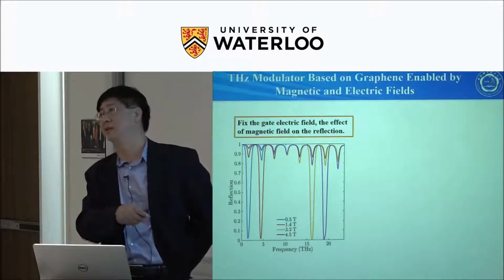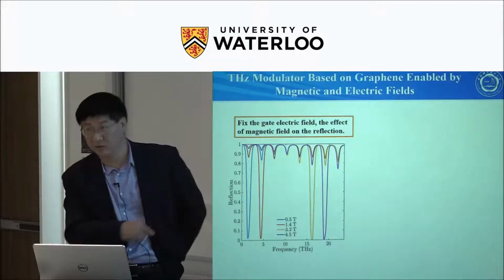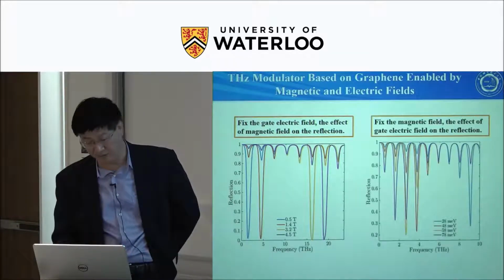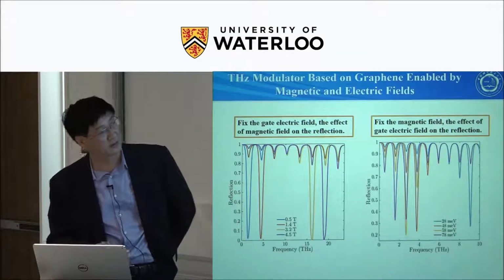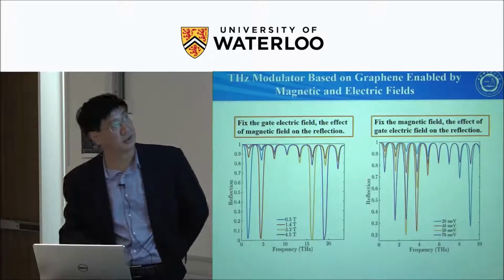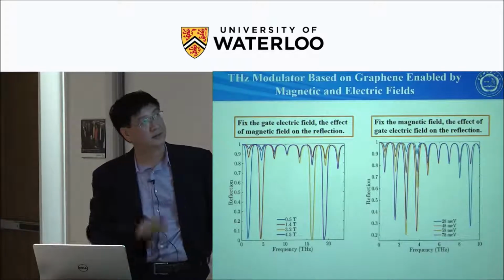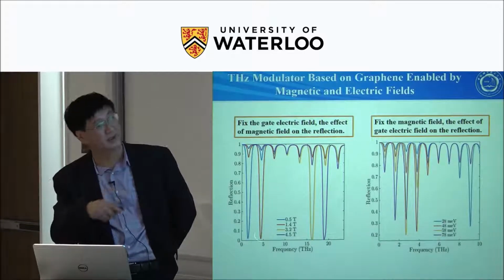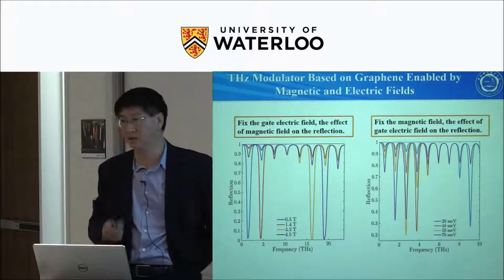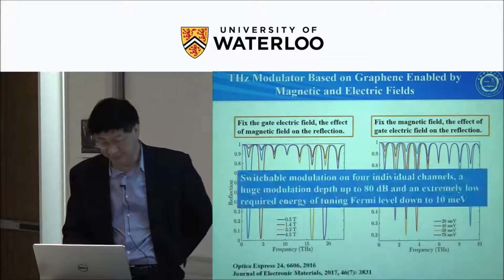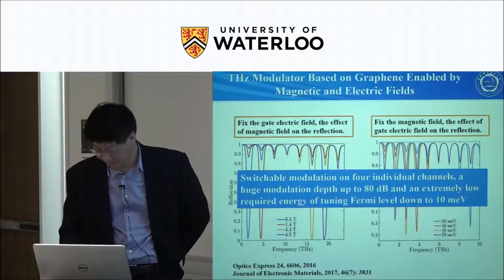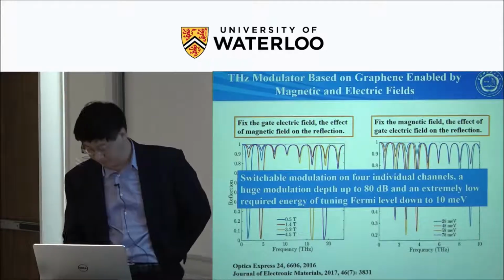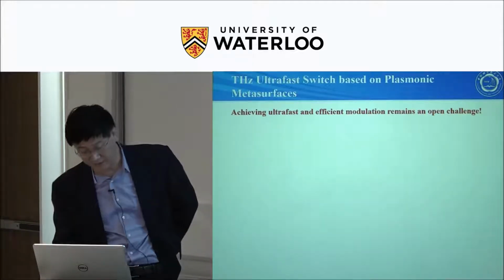This is not very efficient. It is high, using almost 4.5 T. But anyway, this shows this can tune, and this also shows we can use electric field tuning. We have two ways. One is to use the magnetic field. Another way is to use the electric field to tune this device. Yeah. The filter is good, but the magnetic field is too high, so this is not really realistic anyway.